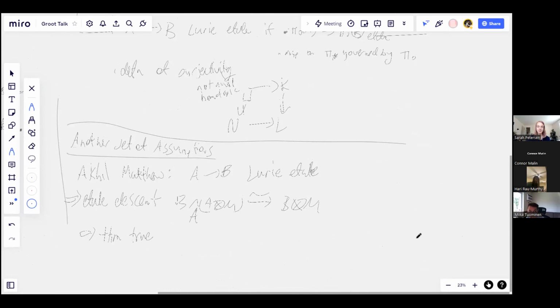Okay, so two settings in which the theorem is true. Akil Matthew actually only proved this for M equals S1, but I think the proof is not too hard to generalize to any finite CW complex.